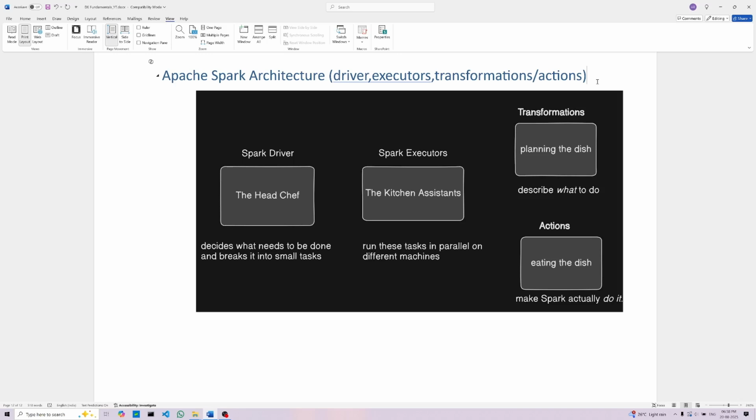That means we are making Spark actually do it. So head chef means Spark driver. Kitchen assistant means Spark executors. Planning the dish means transformations, and actually eating that dish means actions. So you need to remember it like this.